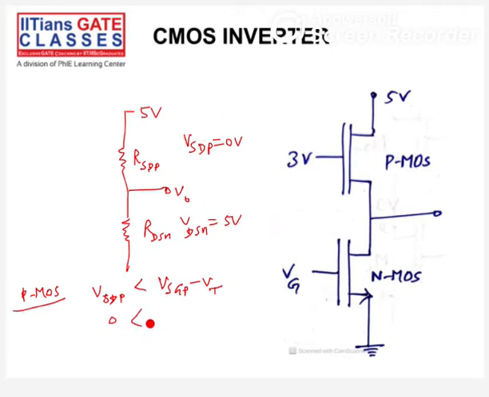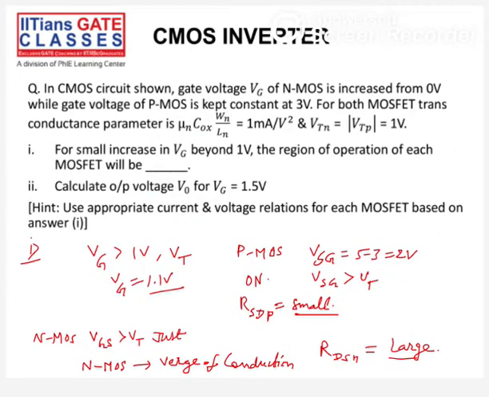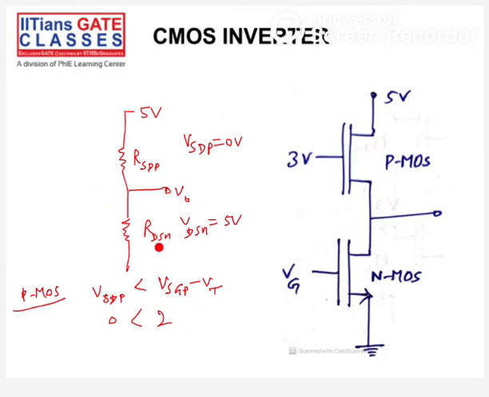VSG is not 5, VSG is how much? VSG is 2 volt, which we calculated earlier. So 2 minus 1, that is 1 volt. It means 0 is less than 1, so it is the correct one.